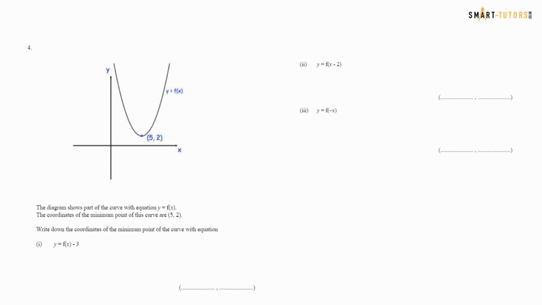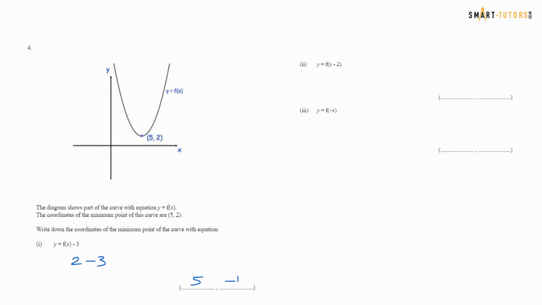Question number 4. The graph is given. The minimum point is 5, comma, 2. Write down the coordinates of the minimum point of y equals f of x minus 3. So the graph minus 3 means the y coordinate 2 takes away 3. 2 take away 3 is minus 1. The x coordinate is 5. So 5, comma, minus 1. Y equals f of x minus 2.